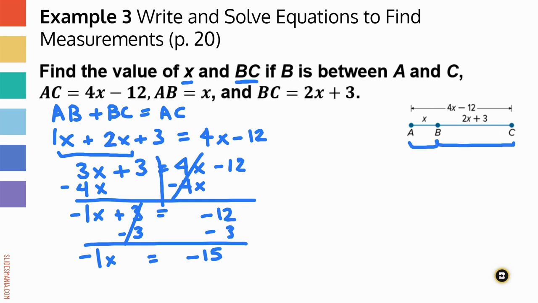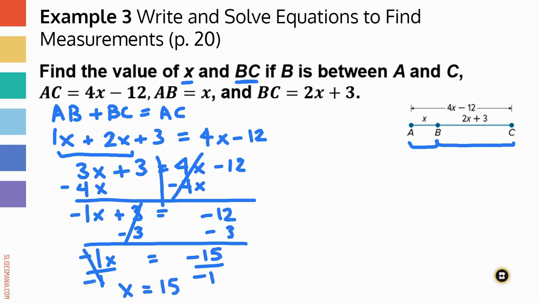Don't make a mistake on the arithmetic. Check yourself with a calculator. And then last thing we're going to do is divide both sides by negative 1 in order to get x by itself. So negative 1 divided by negative 1, that just becomes 1, or x. And then negative 15 divided by negative 1 is positive 15.